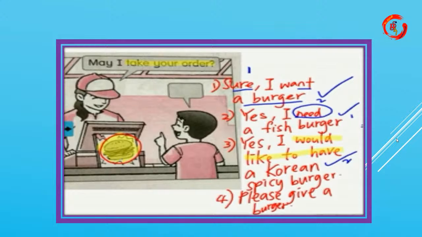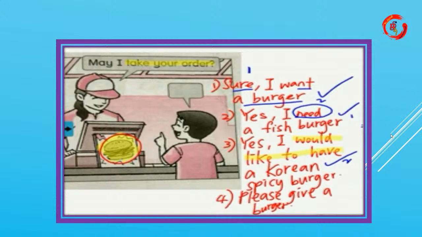Look at number 1. Sure, I want a burger. It's correct. Number 2. Yes, I need a fish burger. Number 3.